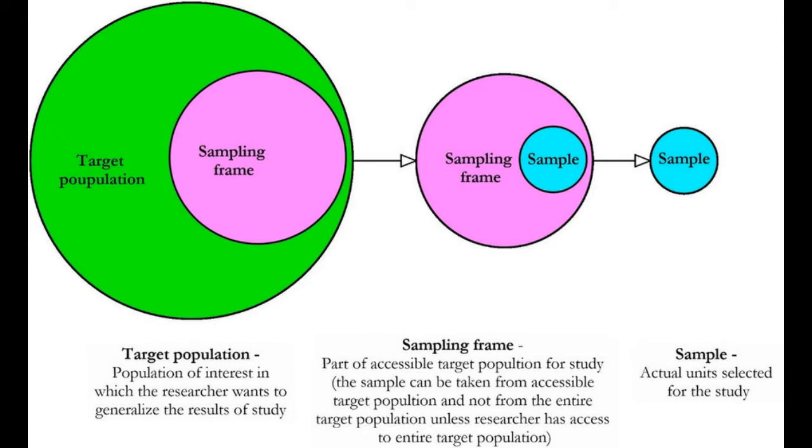Your population is a total of 1,000 employees of that particular institution. So your sampling frame is the institution's database of employees, which lists the names and contact details of every employee of that institution.